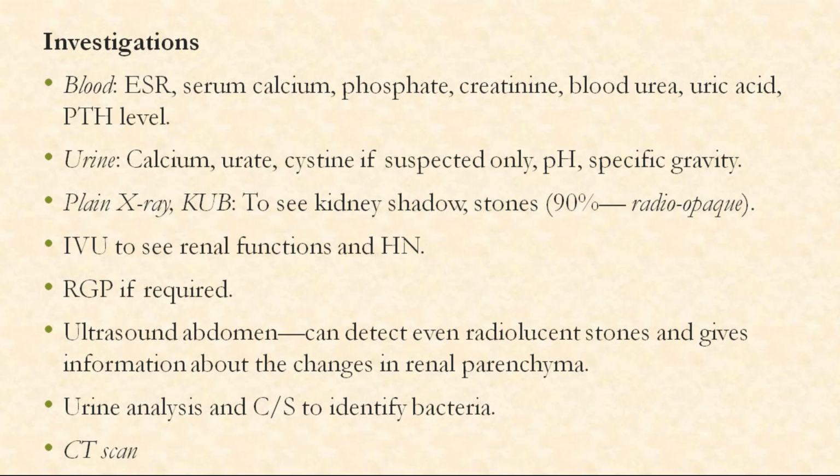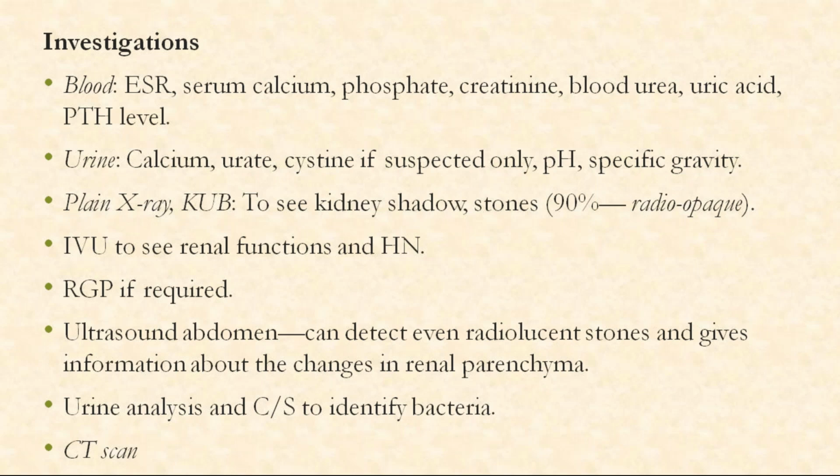Next, intravenous urography. Why do you have to do intravenous urography? Sometimes renal stones may obstruct and reduce the functional status of the kidney. So you should assess the functional status of the kidney by doing intravenous urography or retrograde pyelography. Next, ultrasound of the abdomen.